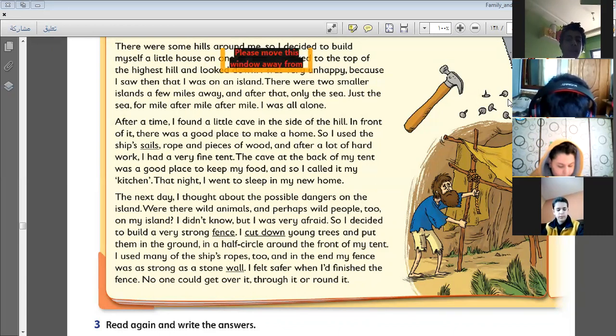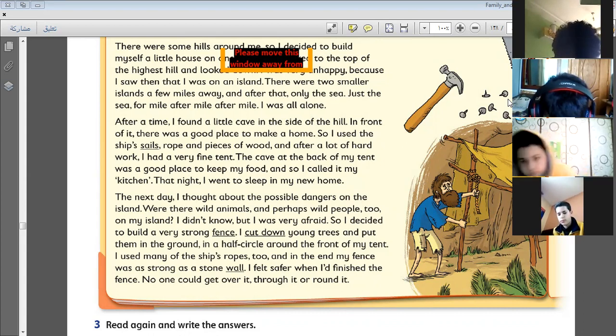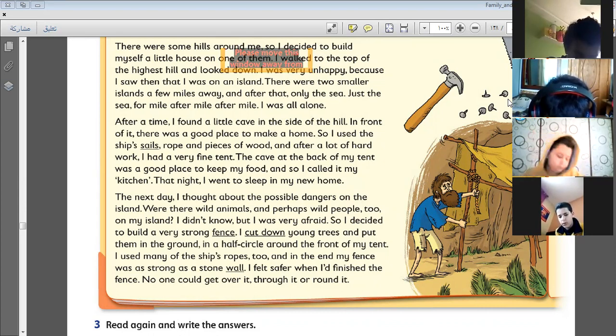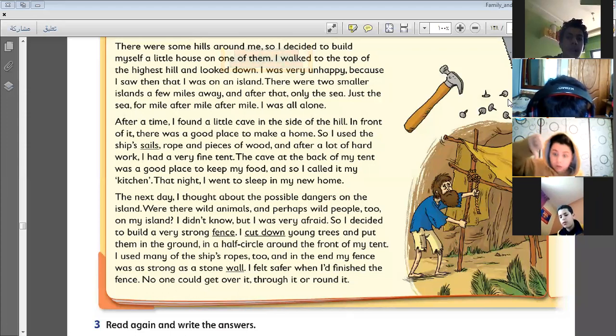Excellent. Teacher, stay with fence with me. And please extract from the final paragraph. I need verb 2. Can you find a verb 2 in the last paragraph? Thought. Thought in line 18.